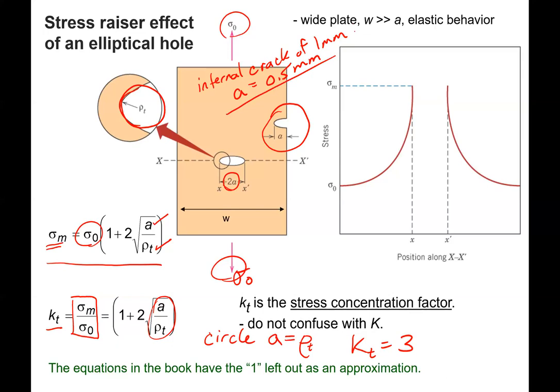I know that seems trivial, but this is really easy to mess up in the calculations. So an internal crack is defined as 2A. Do not modify the equations. For some reason, there's always this desire to put a factor of 2 somehow in the equations. Don't do that. It's the value of A that you're putting in that changes.